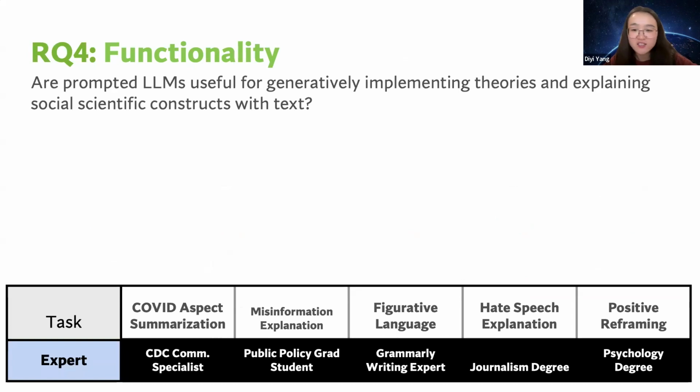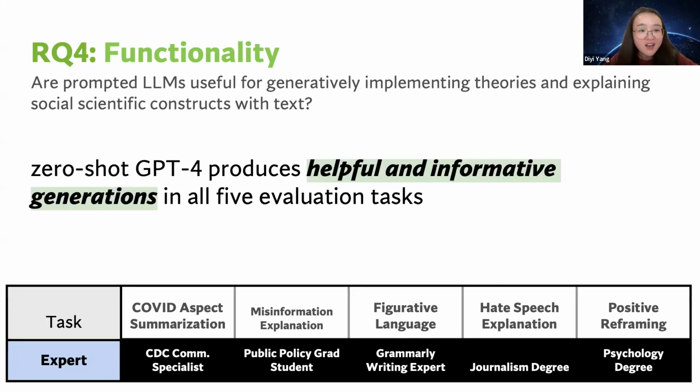We show model performance from the human domain expert evaluators: they found that zero-shot GPT-4 models produce helpful and informative generations in all of those evaluation tasks. As I mentioned, we hire experts to do such annotations, and experts use a 1 to 5 Likert scale to score each data point.